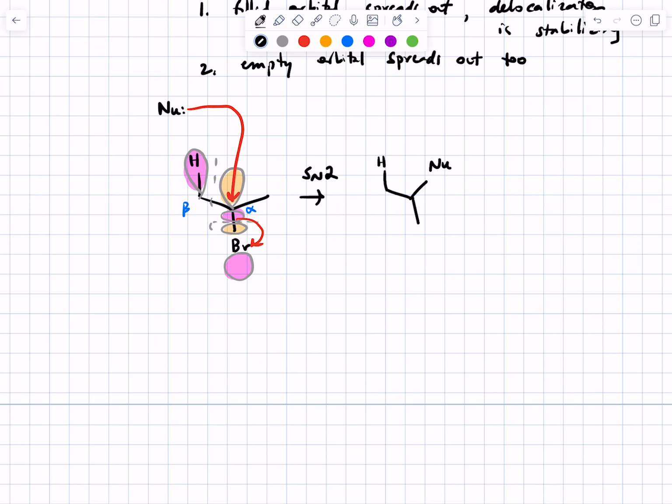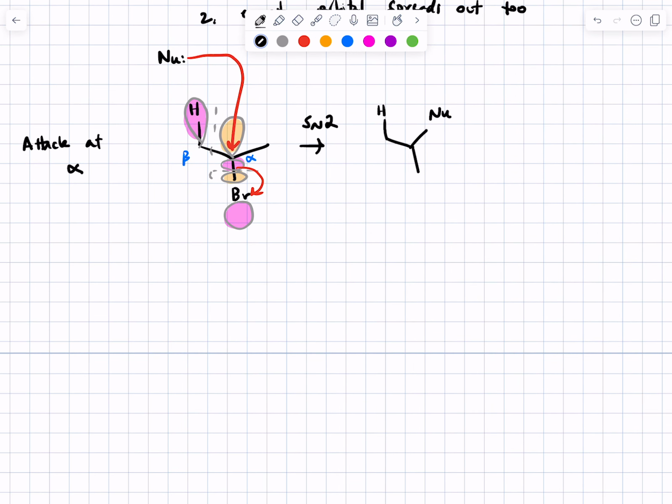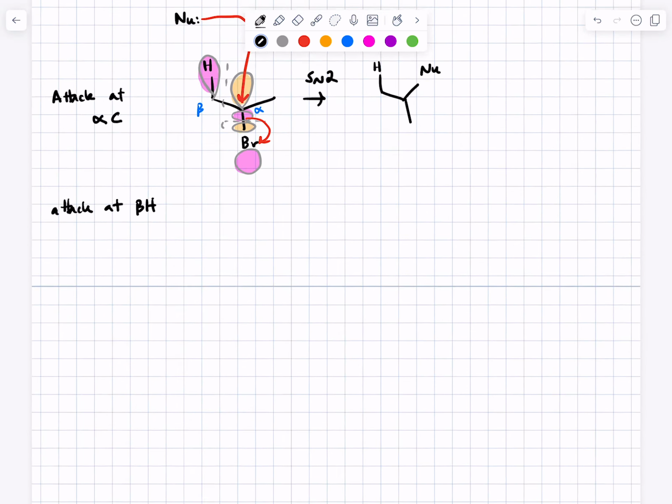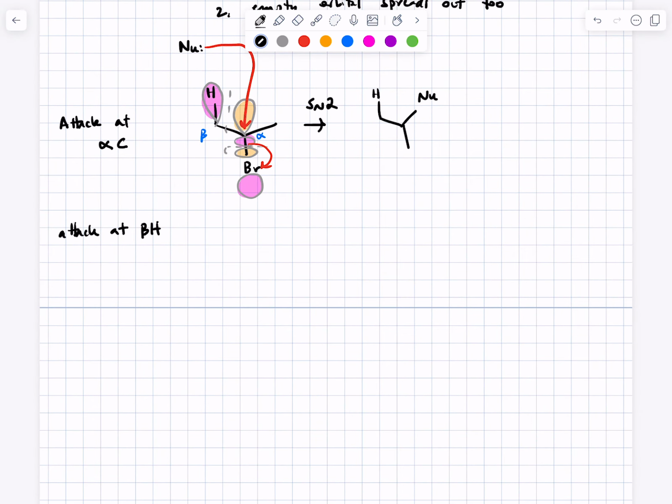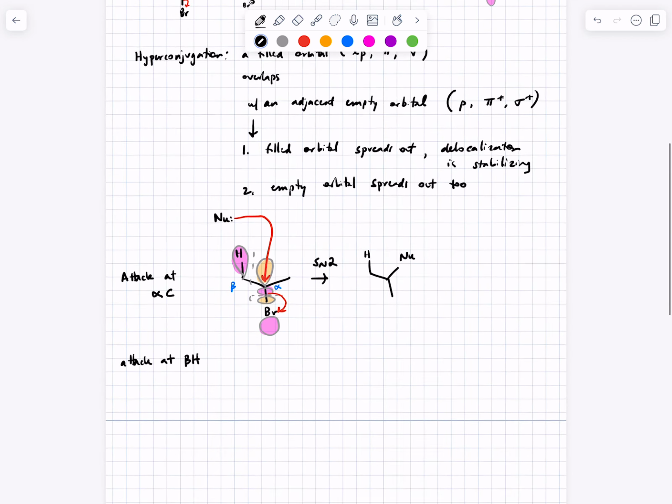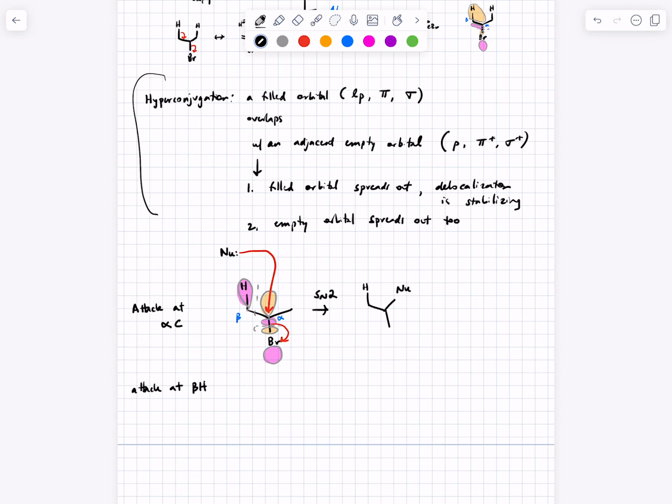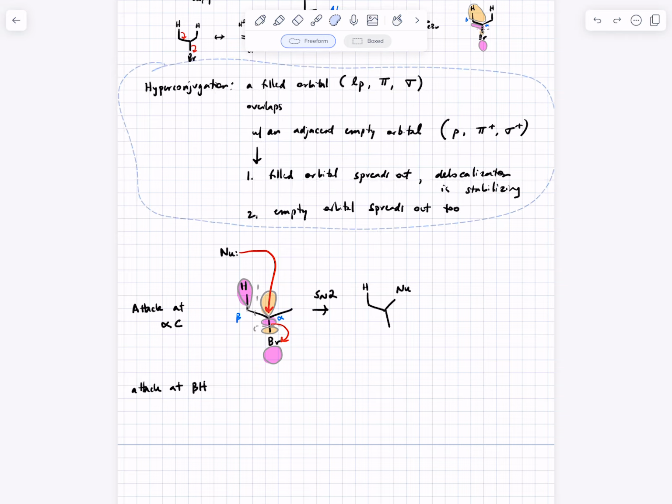But that's the SN2 reaction, and that's what we get if we attack at the alpha carbon. On the other hand, if we attack the LUMO at the beta hydrogen, we get an entirely different consequence, which, let's see, I need to shrink some things because I want it all to be on the same page.